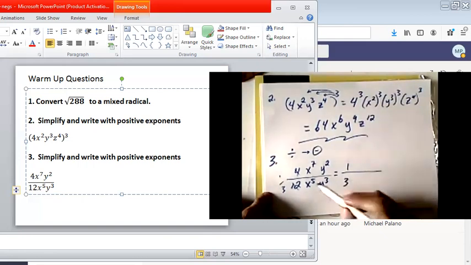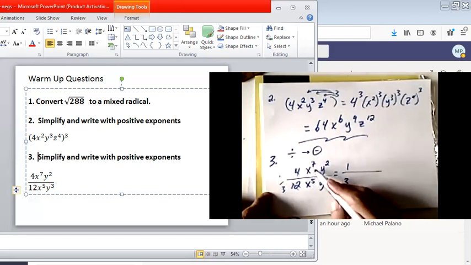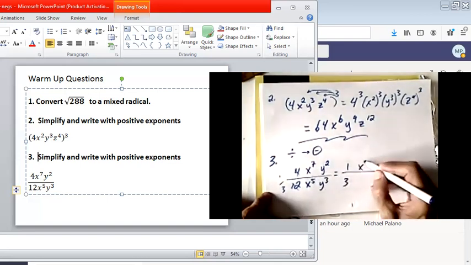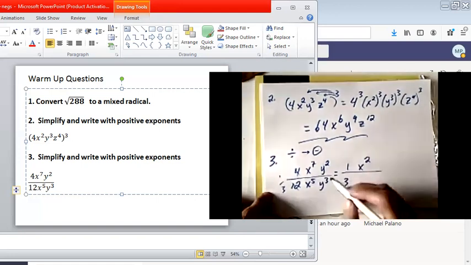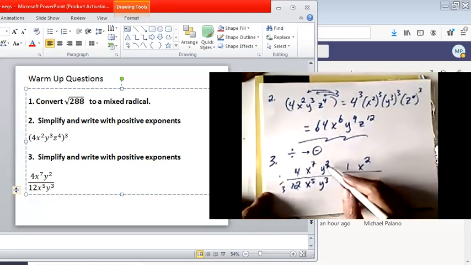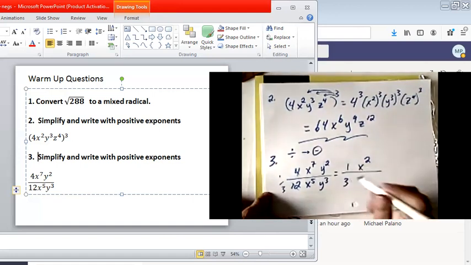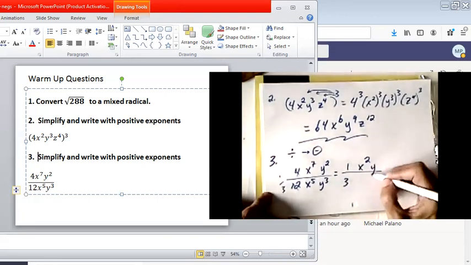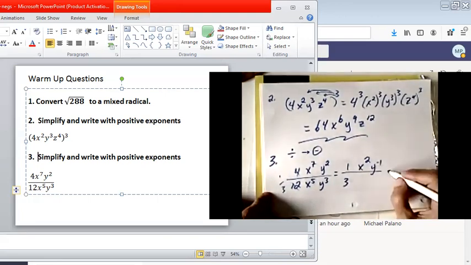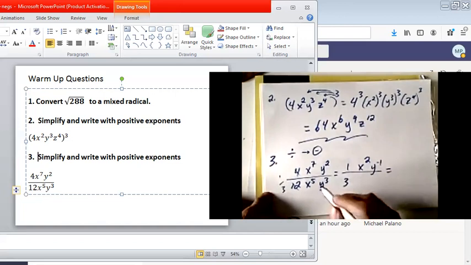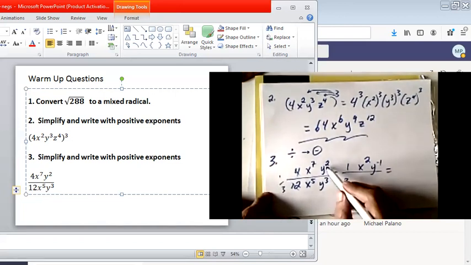For the x's, because we're dividing, we subtract. And so we've got 7 minus 5, which will be a 2 on the top. And then on the bottom, this is where you can subtract, but it gets a little weird. 2 minus 3 is a minus 1. So you could look at it like this, or remember that this means there are 2 y's multiplied together.